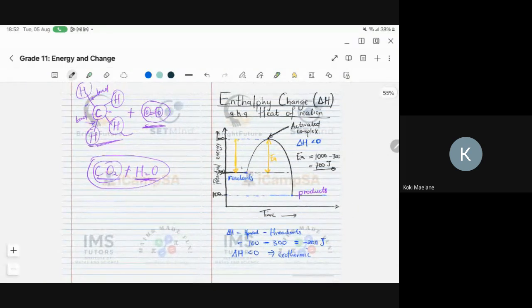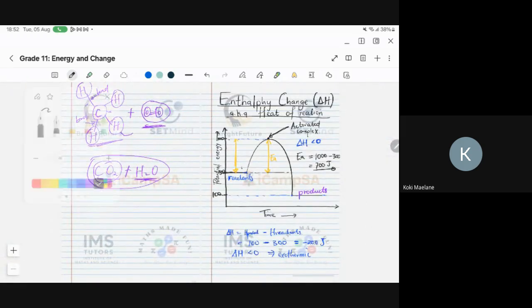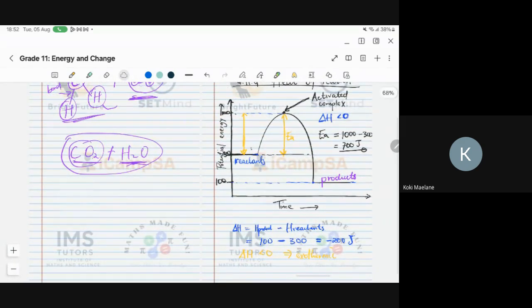That's what you would call the activated complex. Exothermic, meaning released.